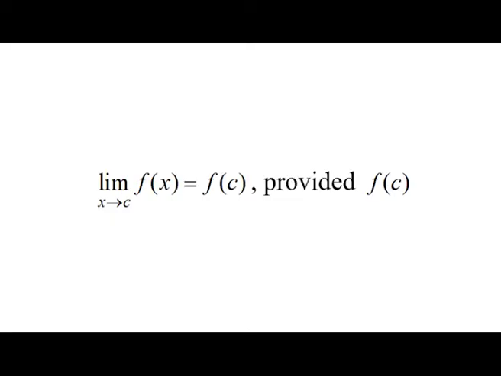Similar discussion holds for other trigonometric functions. It follows that limit of a trigonometric function f as x approaches c is f of c, provided f of c is defined.